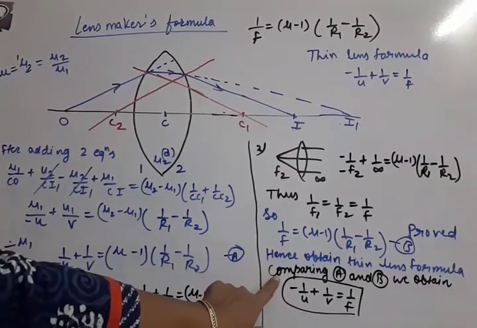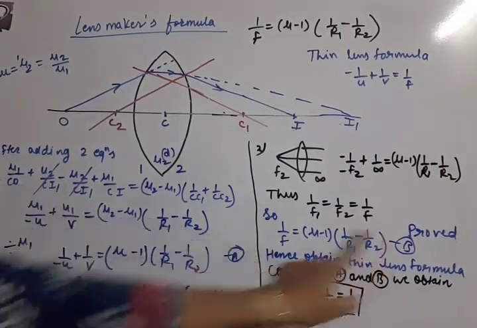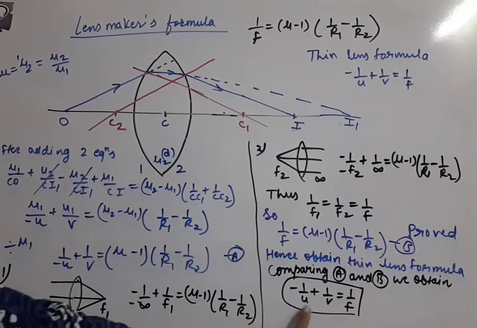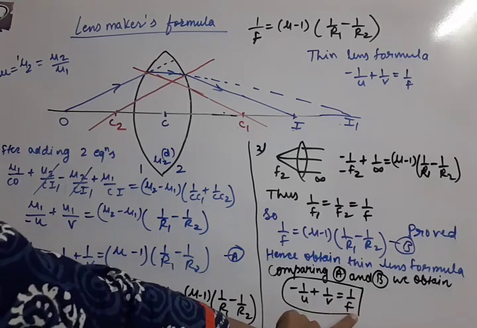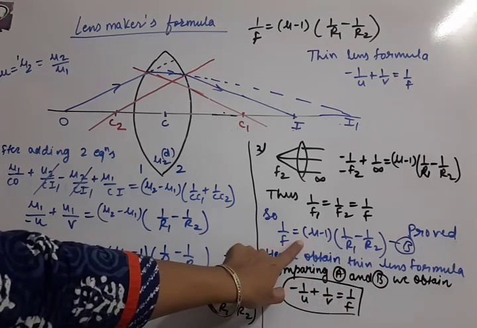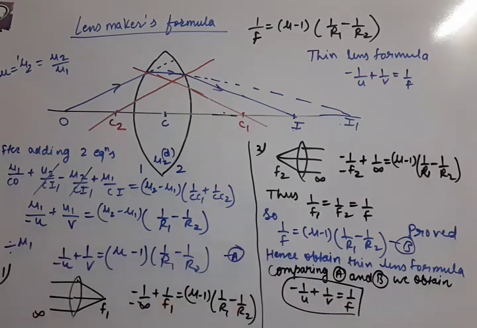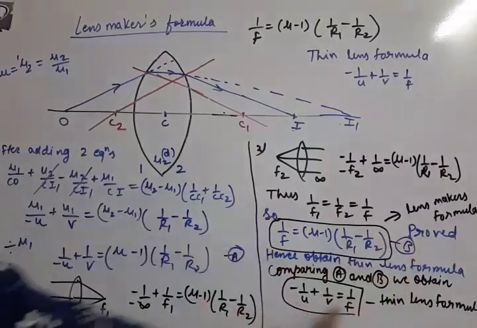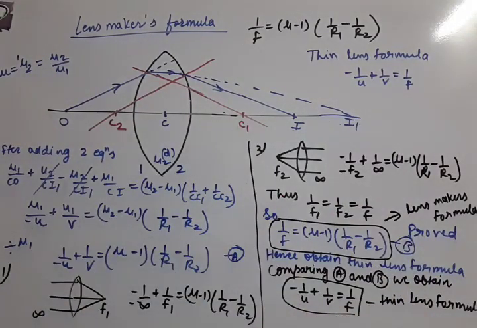So by comparing equations A and B, we obtain minus 1 by u plus 1 by v equal to 1 by f. So this is the thin lens formula and this is Lensmaker's formula. Okay students.